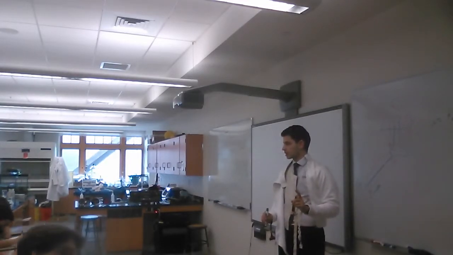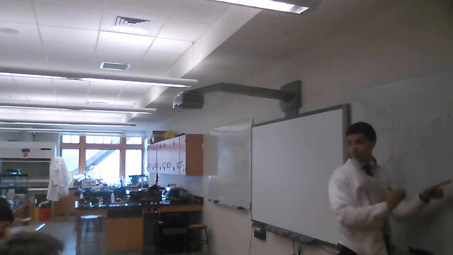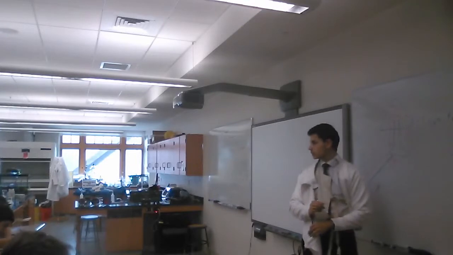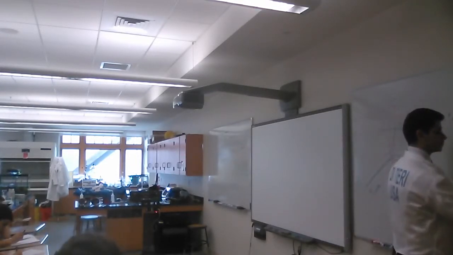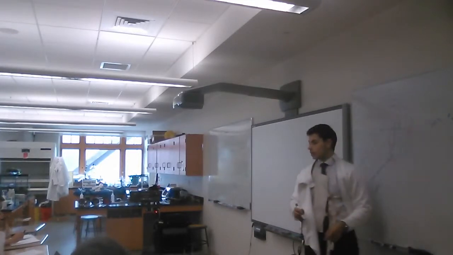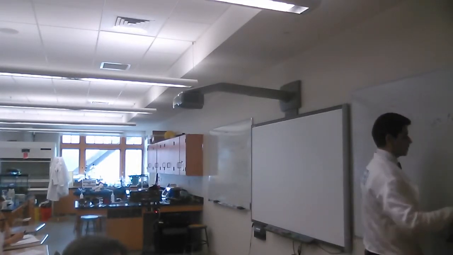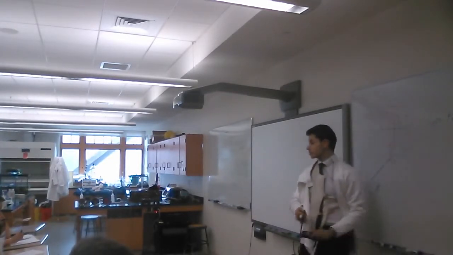Does everyone remember that? Let's say it was equal to 1. If I increase the top by 2, what do I have to do to the bottom? I have to multiply the bottom by 2 as well. Very good. So, what is V over I equal to?